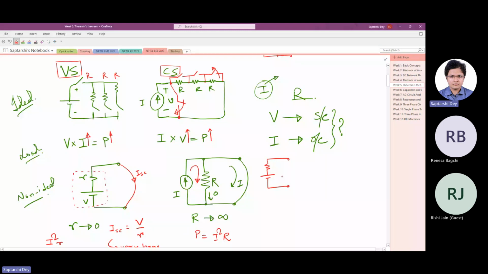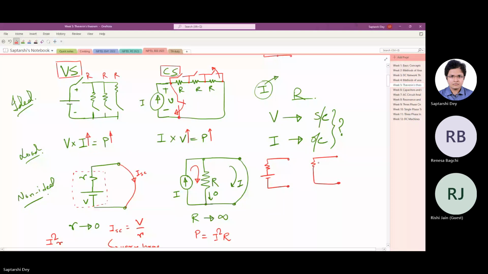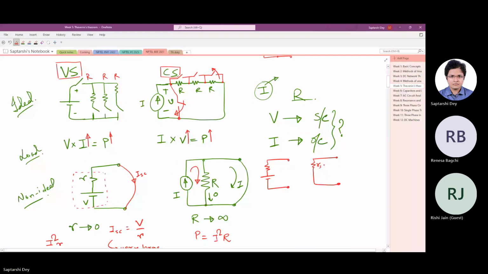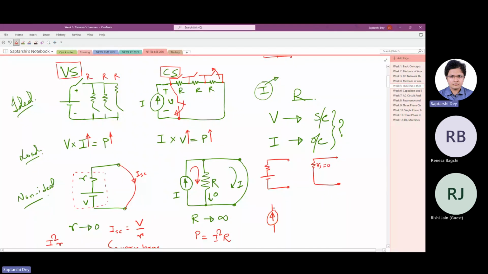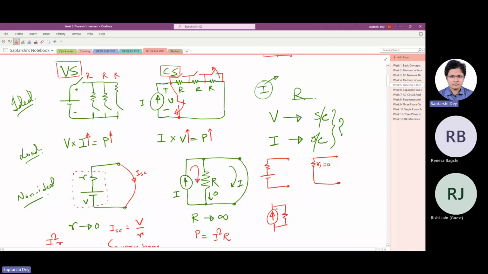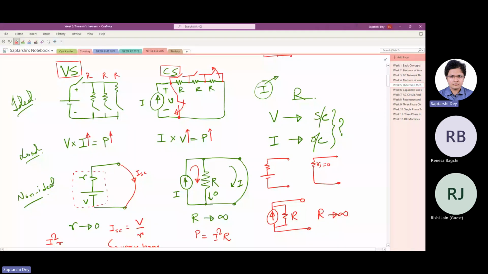No voltage means it's a short circuit, but there is the source resistance present. Basically, what we do is we replace the voltage source with its internal resistance. If it is ideal, then it is zero. Similarly, for a current source, we replace the current source with the shunt resistance R. If it is an ideal current source, this R tends to infinity, meaning open circuit. This is the reason. Okay, now we will move into it.